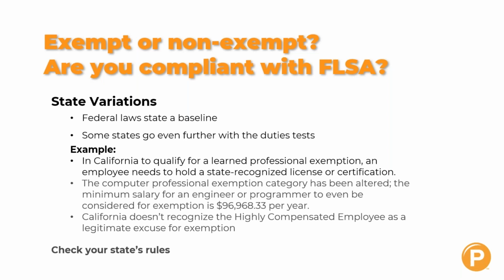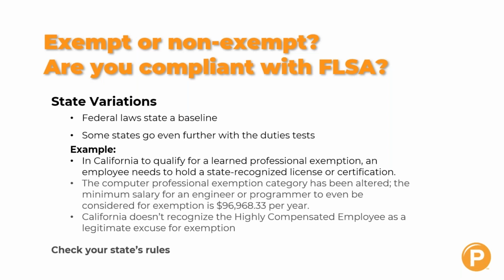Now the state variations. Federal laws state a baseline. We talked about the minimum wage, but some states take it even further with the duties test. For example, in California, to qualify for a learned professional exemption, an employee must hold a state recognized license or certification.